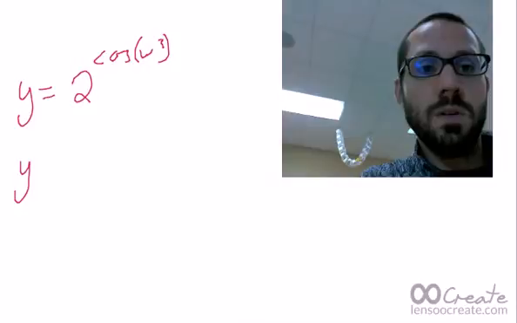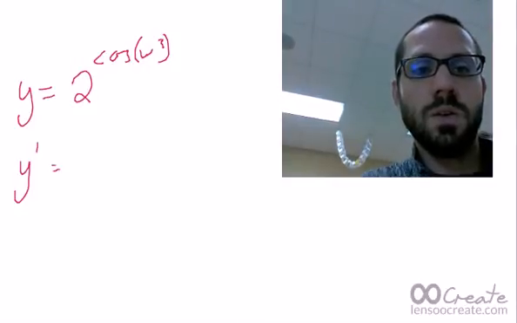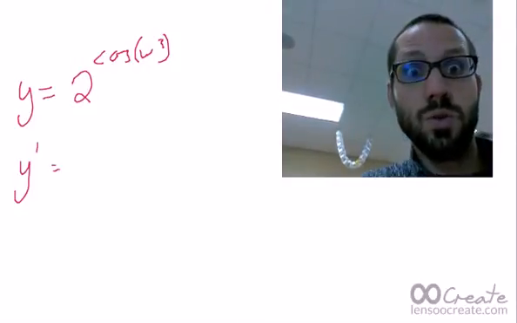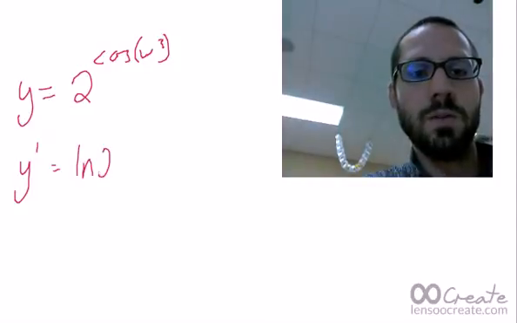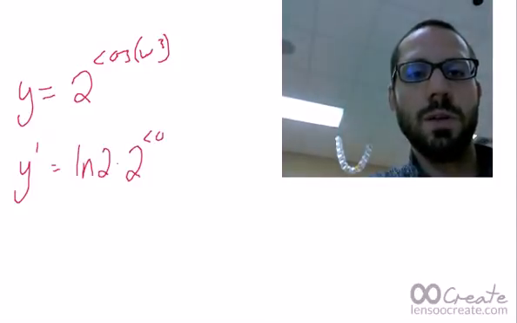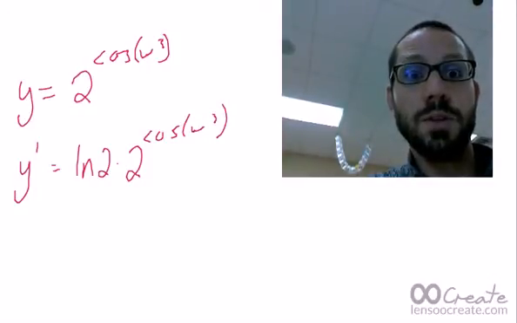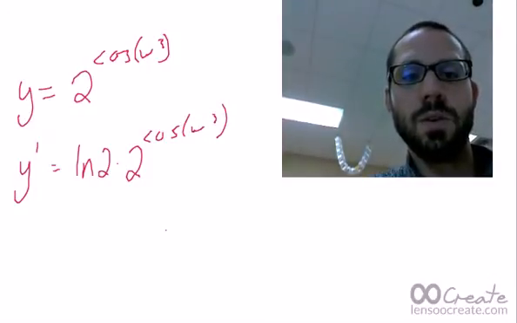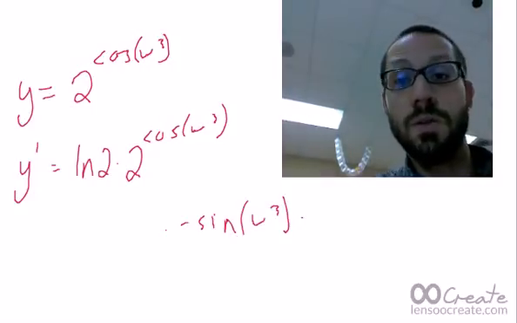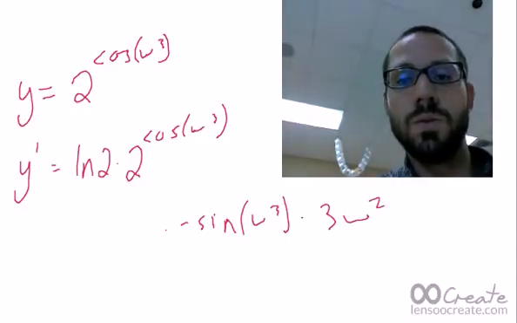The derivative of 2 to something is the natural log of 2 times 2 to the something, times our double chain, times the derivative of cosine, which is negative sine w cubed, times the derivative of w cubed, 3w squared.